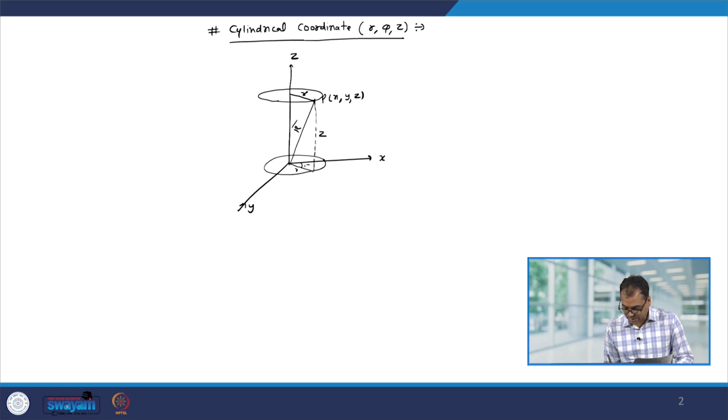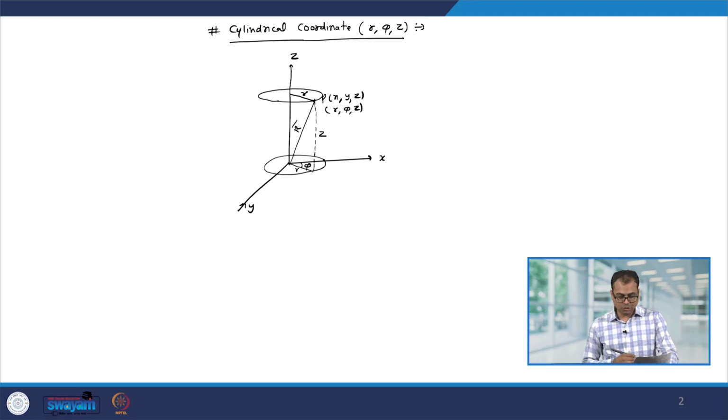Okay. So, this angle is phi. Therefore, the coordinate of P in the cylindrical coordinate becomes r, phi and z. Let me repeat again, r is the radius of the cylinder, phi is the angle that this radius vector makes from the x axis, and z is the height of the cylinder.